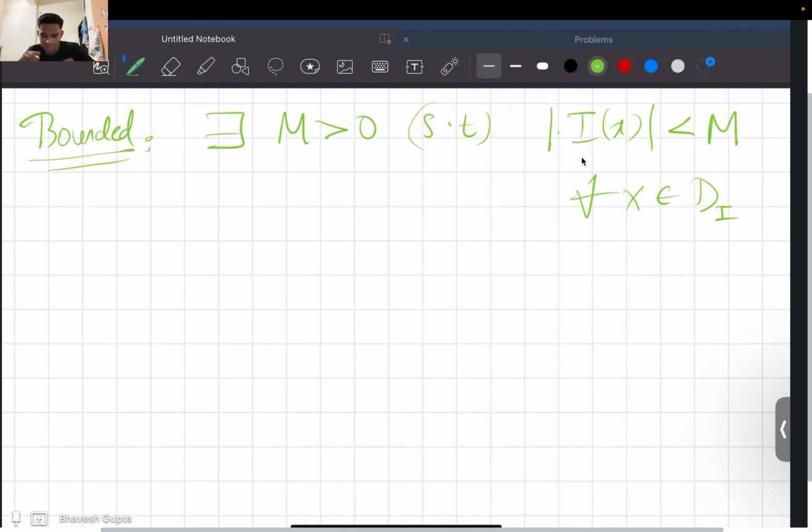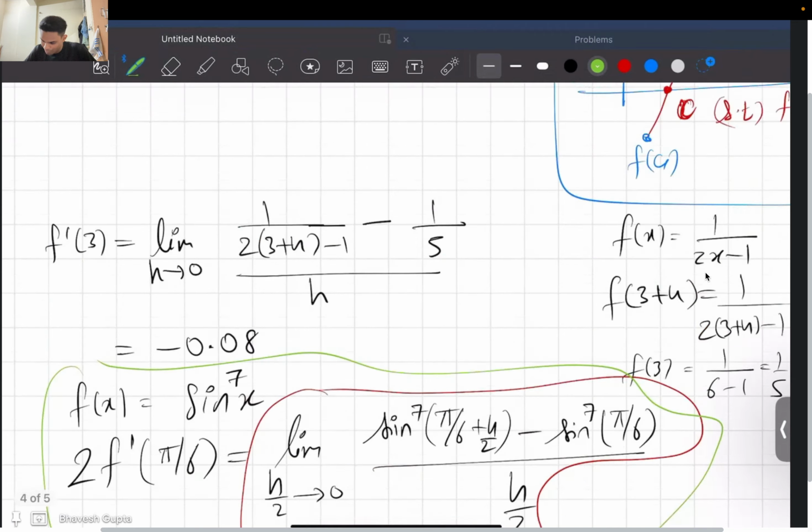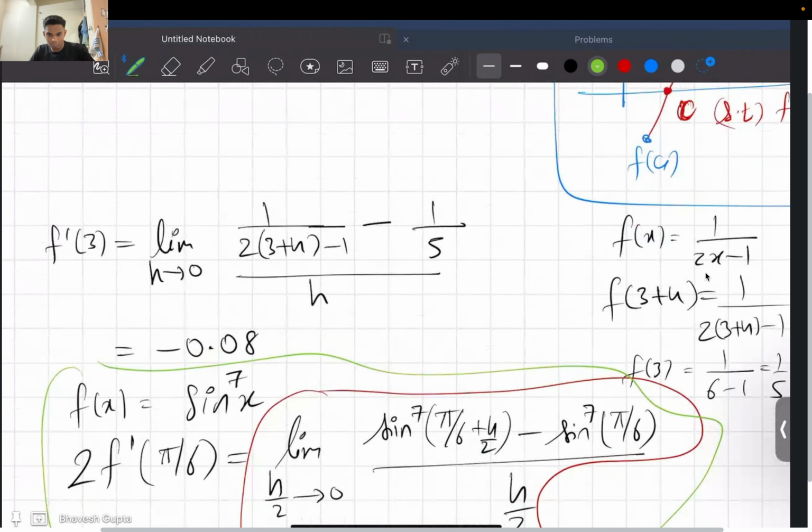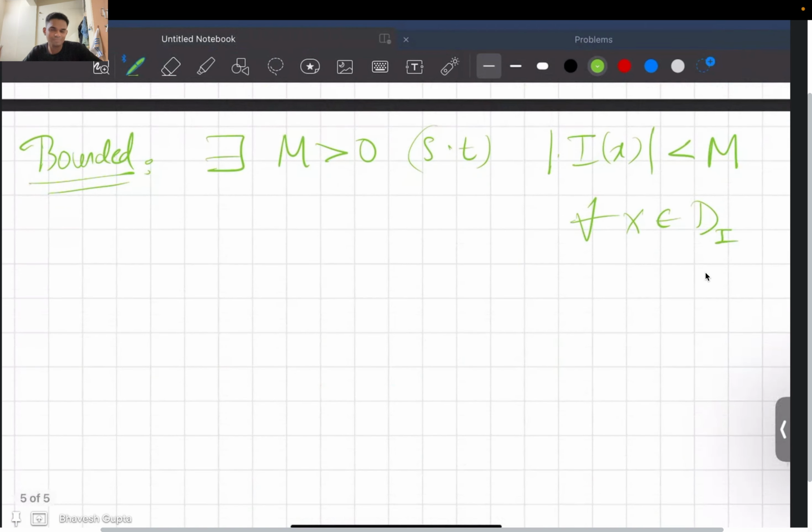Are you familiar with this? Are you comfortable with what I have written here? The mathematical terms used, I'm not familiar with it. Okay, that's good. You have spoken up. That's really good, because you might see such questions in the question paper, or you definitely will see such things. So the idea is that this symbol means there exists.